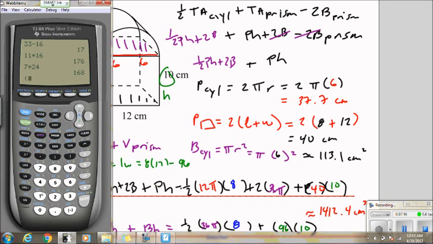So the first one being 1/2 times 12 pi times 8 plus 2 times 36 pi.